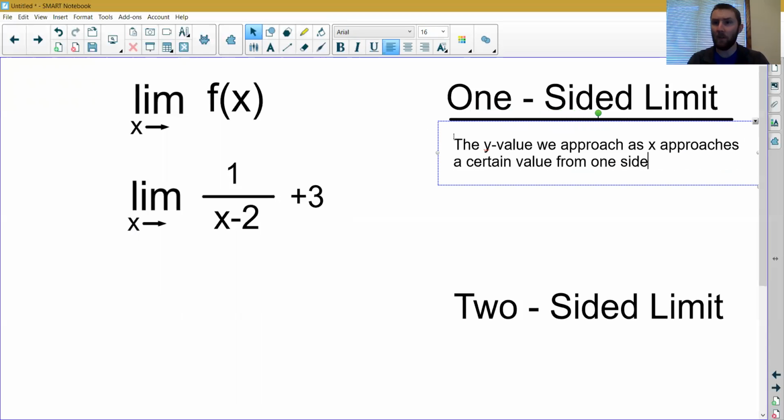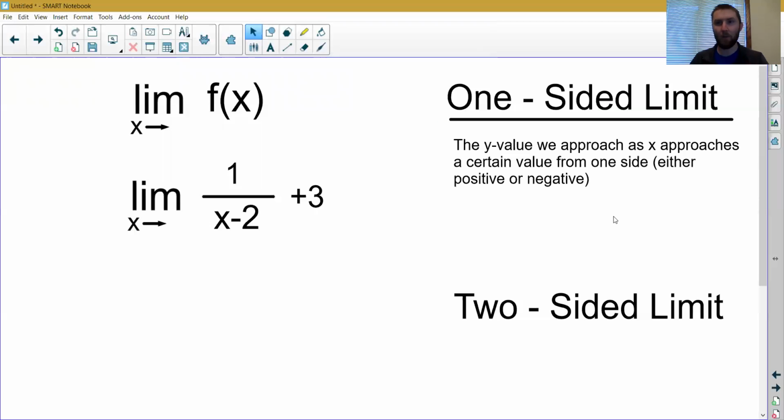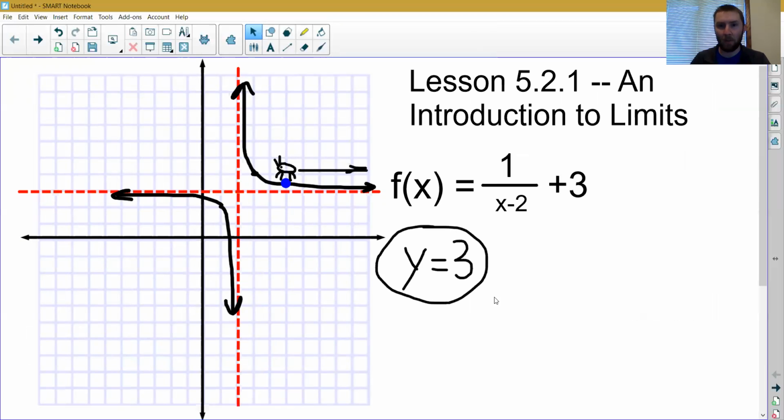And the way that we denote the one side is we denote either the positive side or the negative side, also known as from above or from below. And I'll show you what that means here in just a second. But let's say that I want to go back to my function for number 41, and I want to talk about what's happening to the function as the x value is getting close to 2.